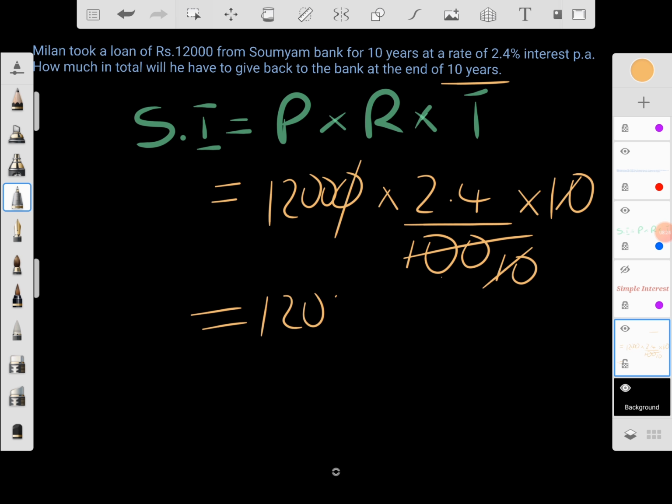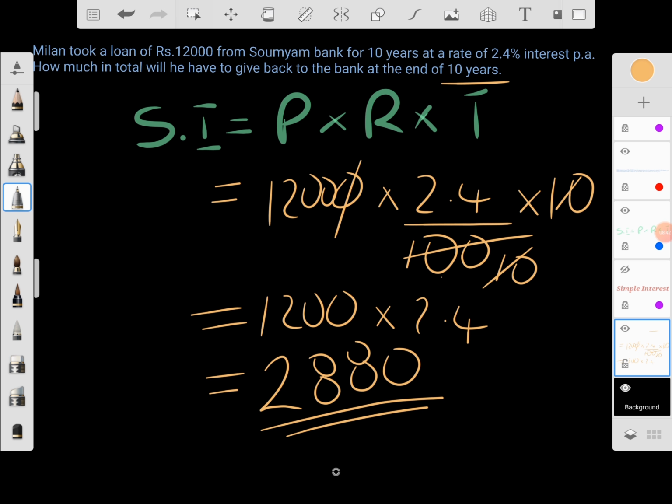So 1200 into 2.4, that is 2,880 rupees. So that much is interest after 10 years.